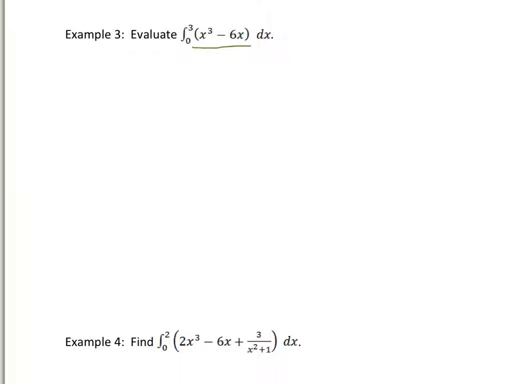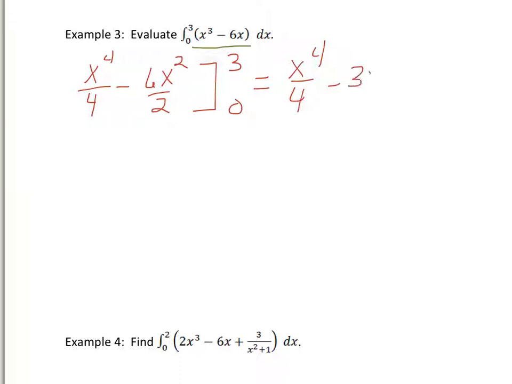The antiderivative would be x to the 4th over 4 minus 6x squared over 2, and that is going to be evaluated from 0 to 3. So I'm going to go ahead and simplify it before I do the evaluation: 3x squared, from 0 to 3.